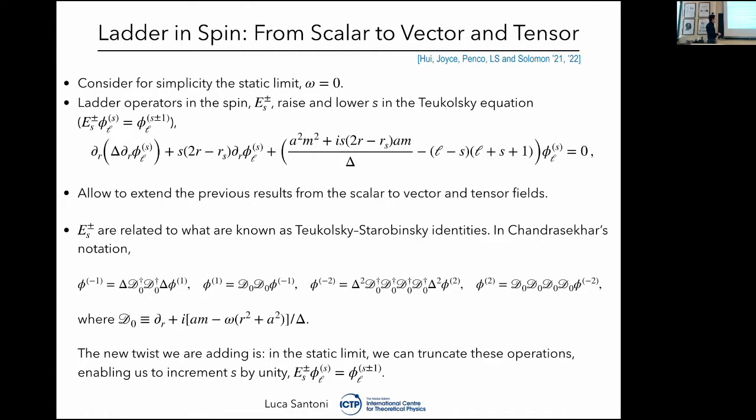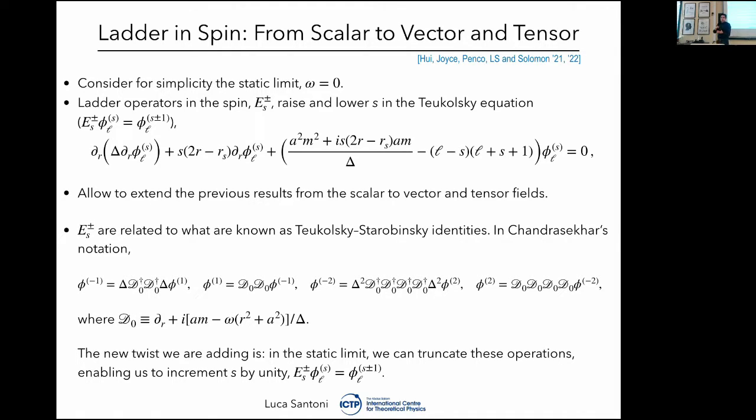If you check Chandrasekhar's book, Chandrasekhar writes that basically phi S with S equals -1 can be obtained by applying some operators on phi S equals 1, and the same between -2 and 2.